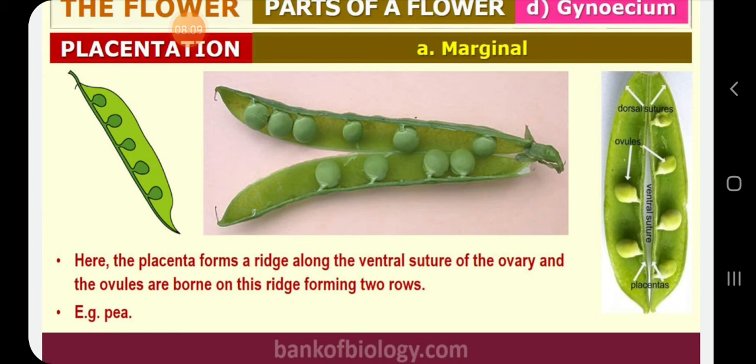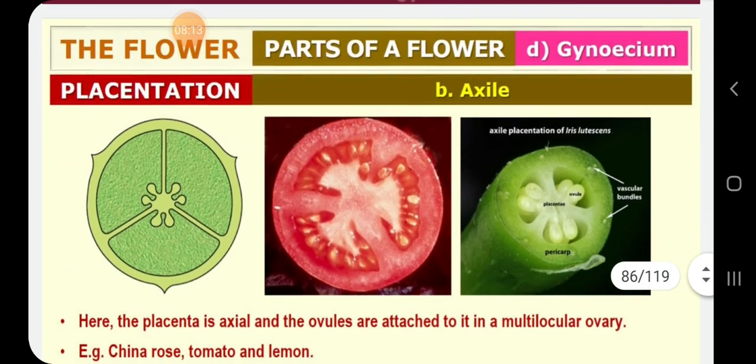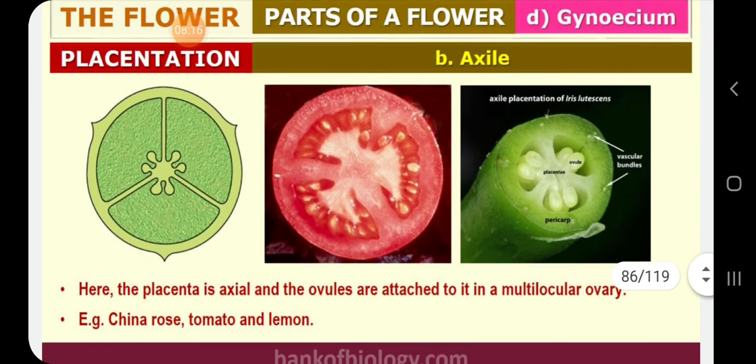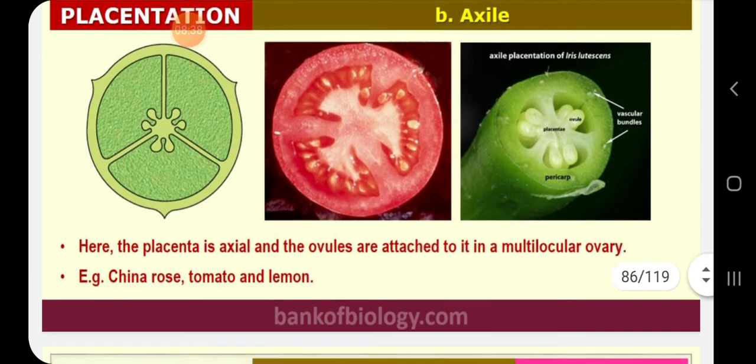Axial: the placenta is axial and the ovules are attached to it in a multilocular ovary, for example China rose, tomato, lemon.